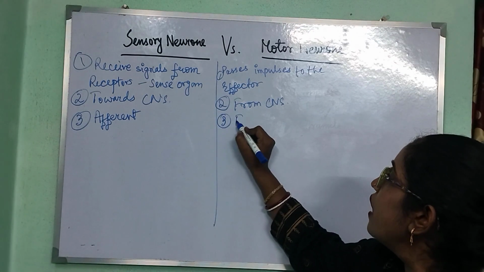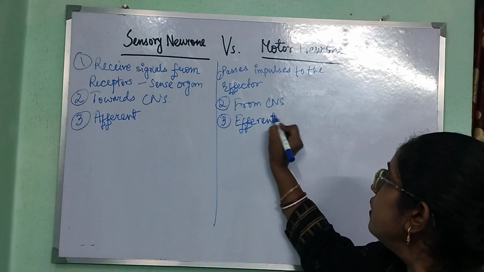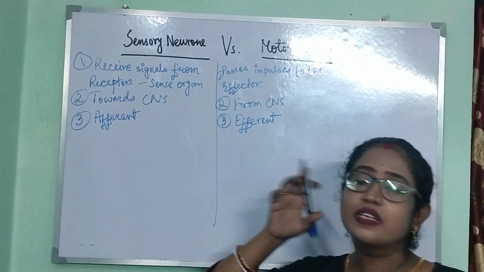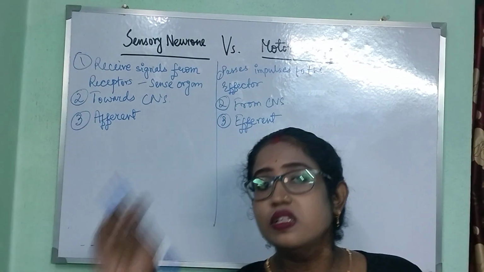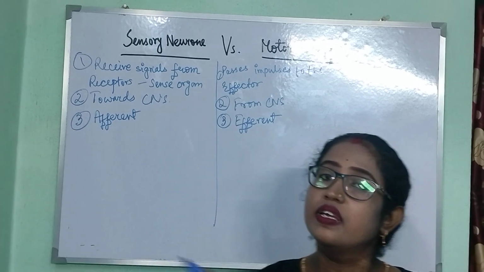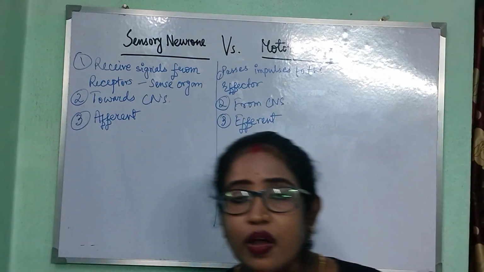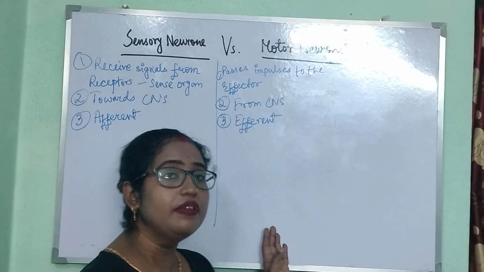So this is known as the efferent neuron. Those that carry impulses or signals from outside to inside are known as afferent, and those that carry impulses from inside to outside are known as efferent.